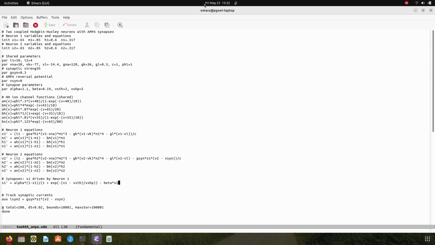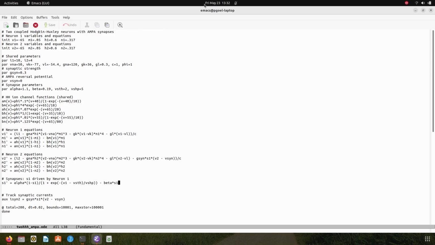So, if my reversal potential for the synapse is high, 0, then that is where the synapse will not draw any current, right, V minus V synapse. So, that means the neuron will be driven up to 0, right. If my potential is low, then the neuron is not driven up, it is actually suppressed. So, that changes things, and then you have got minus beta times S1.